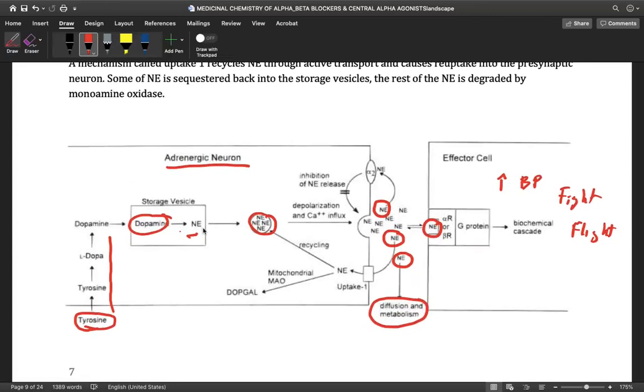What reserpine is going to do is block the mechanism that causes norepinephrine to be put into vesicles. By blocking that mechanism, it's preventing norepinephrine from getting into the vesicle and leads to a depletion of norepinephrine here.